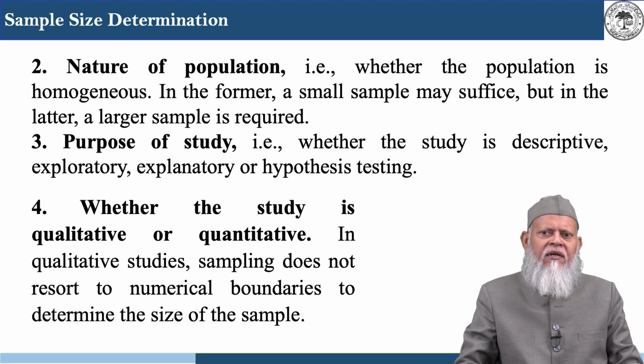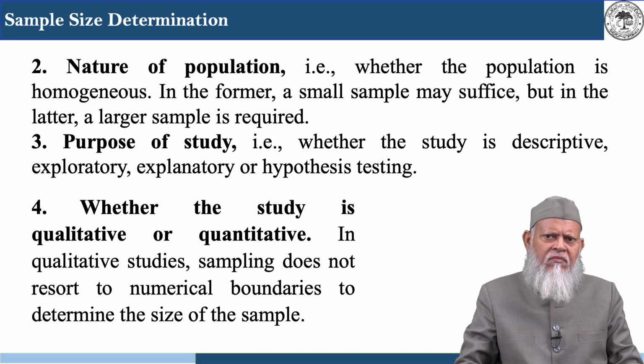So in the faculty of medicine, comparatively a small size of sample would suffice, whereas in faculty of arts this is not going to suffice because of the heterogeneous nature or different nature of different departments in the faculty of arts.